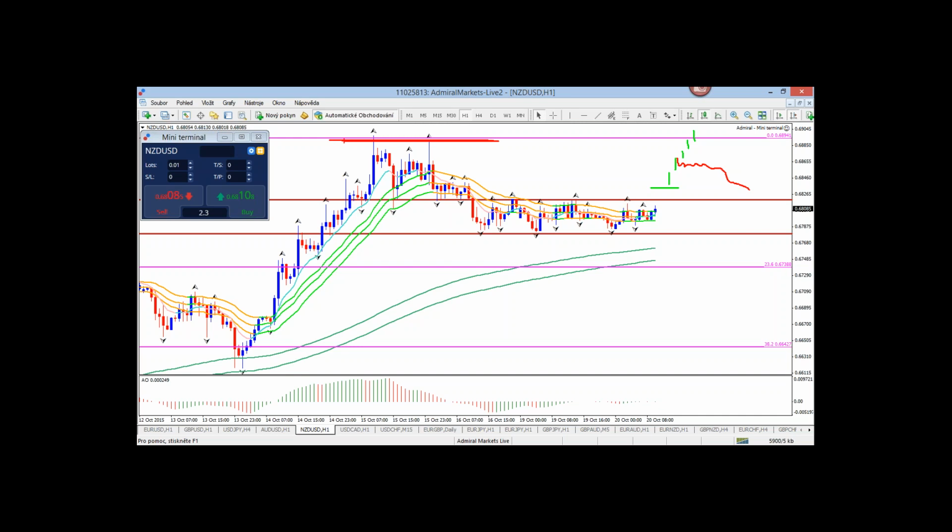So from that point of view, it's not bad to look for continuation to the upside. It just has to be treated with a bit more aggressive trade management, so that if it does turn around, I'm not getting stuck in a long and seeing it actually turn against me.